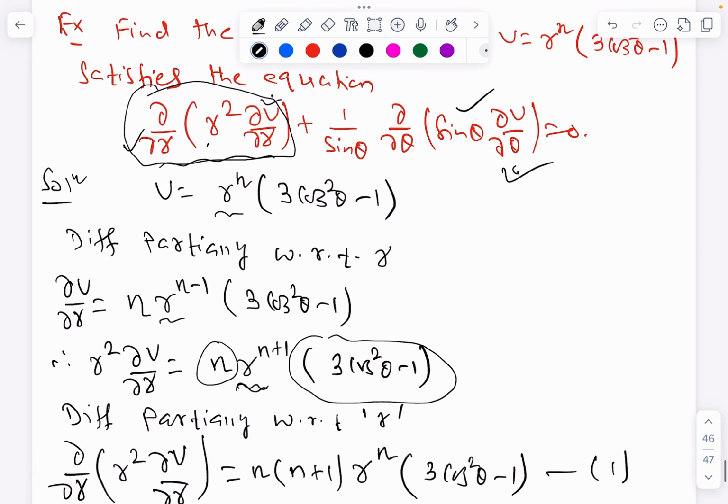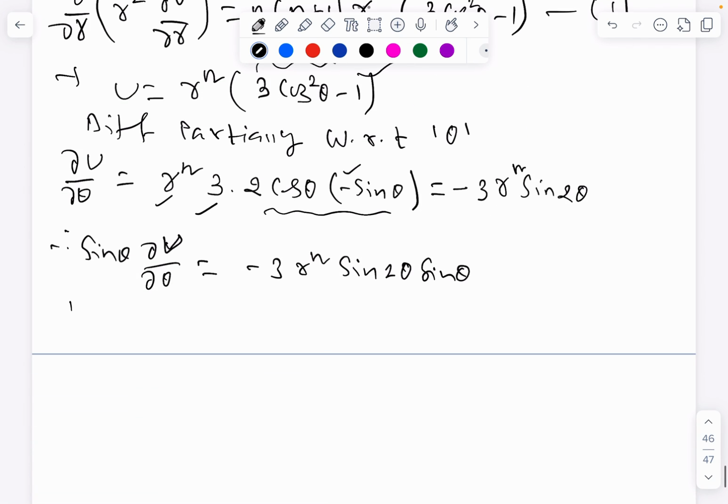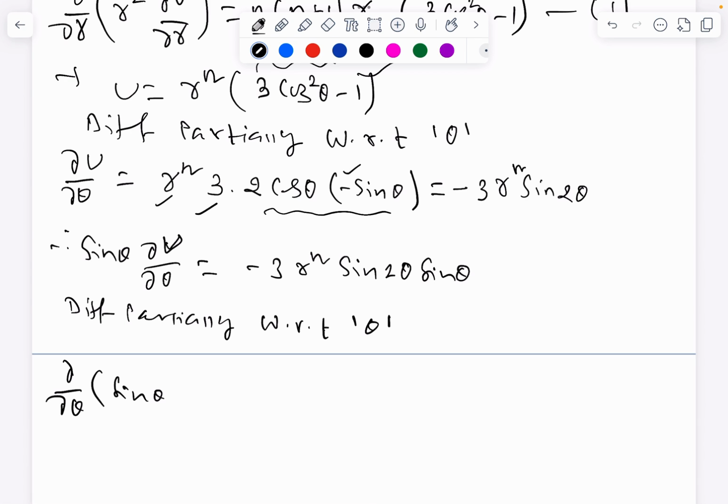Then we take derivative with respect to theta. So differentiate partially with respect to theta. So del by del theta of sine theta del u by del theta. So this is equal to minus 3 r power n.